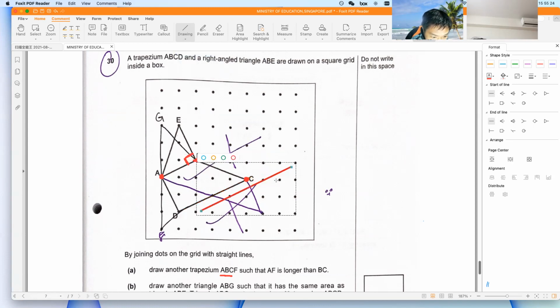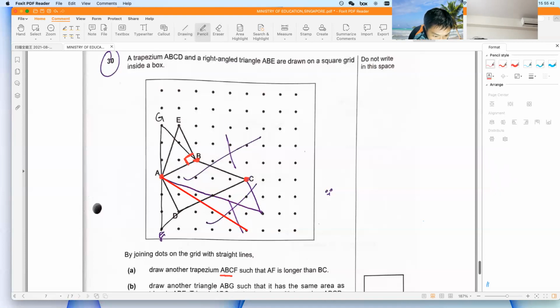So what I need to do next is show AF is here. Of course, you must be asking, can I draw it here? The answer is yes, you can. There is no fixed answer. So A, B, C, F, but it must be a trapezium.